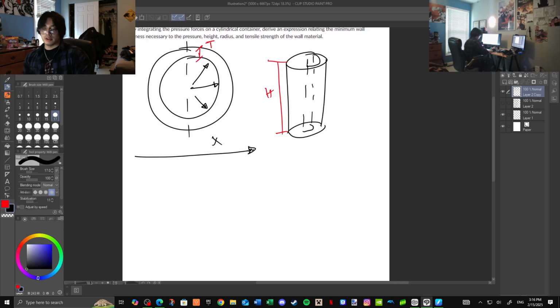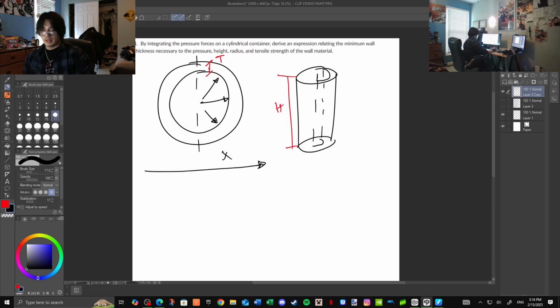We need to find a way to express tensile strength, and F over A equal to sigma is a way of doing so.